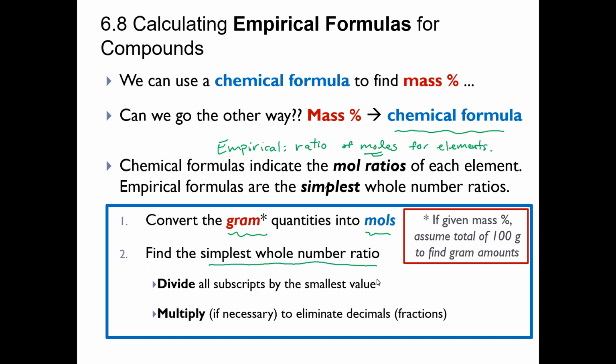To do this, we can use a quick mathematical trick. We can scale our ratio by dividing everything by the smallest value that shows up. And then if necessary, we can scale again, multiplying up to get rid of any decimals or fractions.